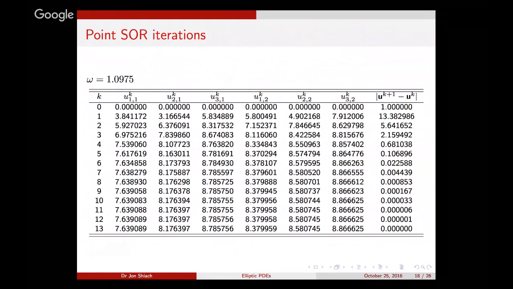With different values of omega, we'd have different convergence rates. That happens to be the optimum. I could choose a really bad choice of omega, which would increase the amount of work I have to do. So it's useful to know what the optimum value of omega is.